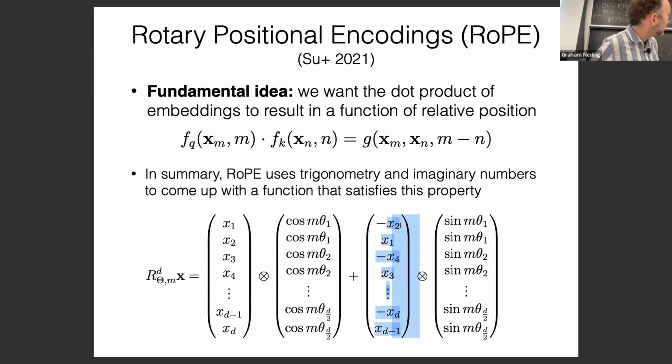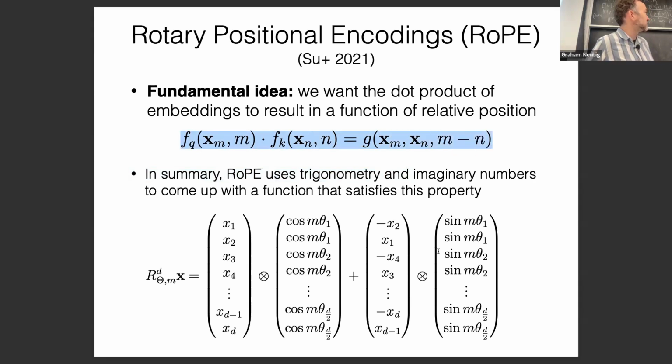And then you have this rotation, this thing that rotates these two elements here, rotates these two elements here, and negates the first one, multiplied by a sine. And this ends up resulting in a function that looks exactly like this. So basically, the idea is it worked back from a desirable property that you wanted the function to have and came up with a function that allowed you to realize this.